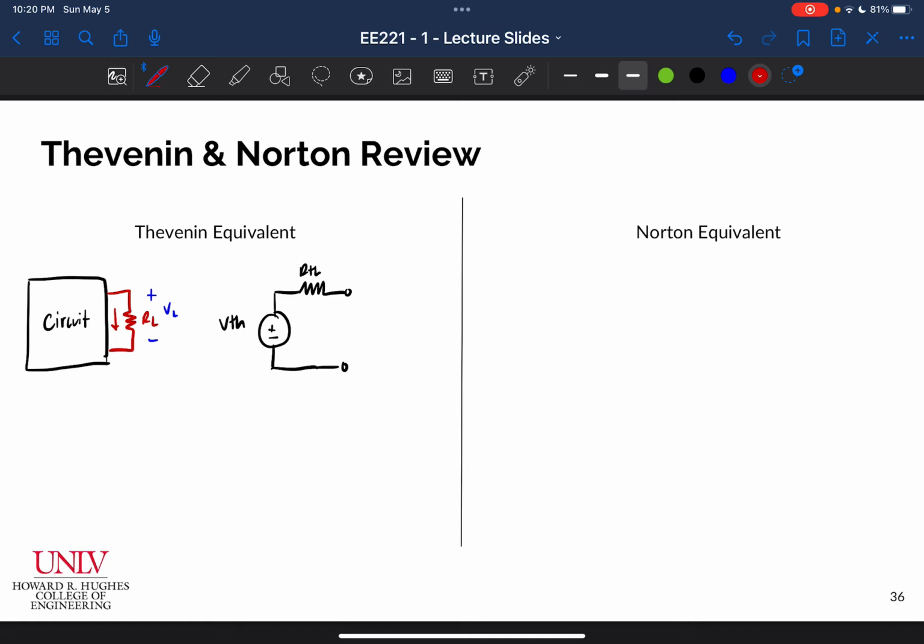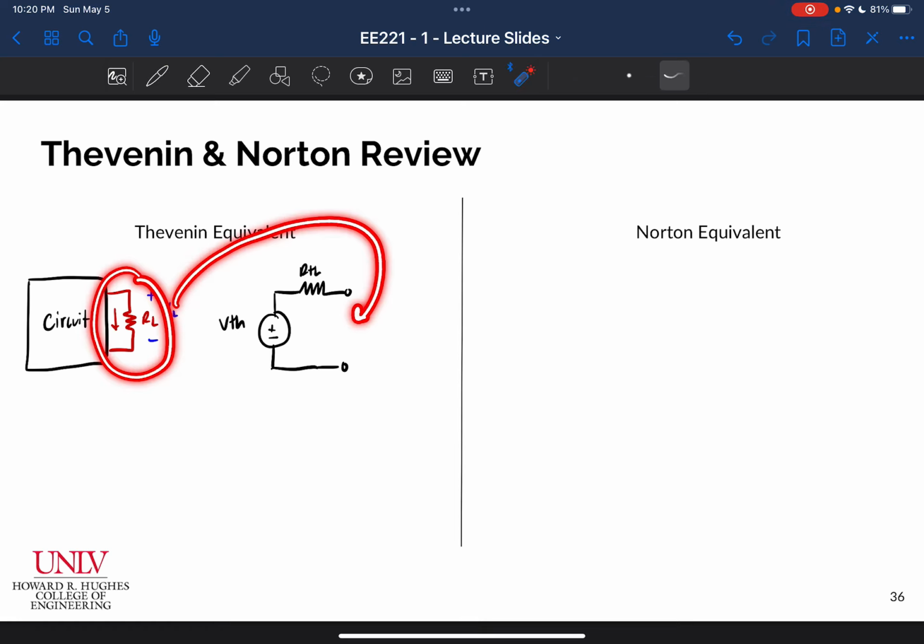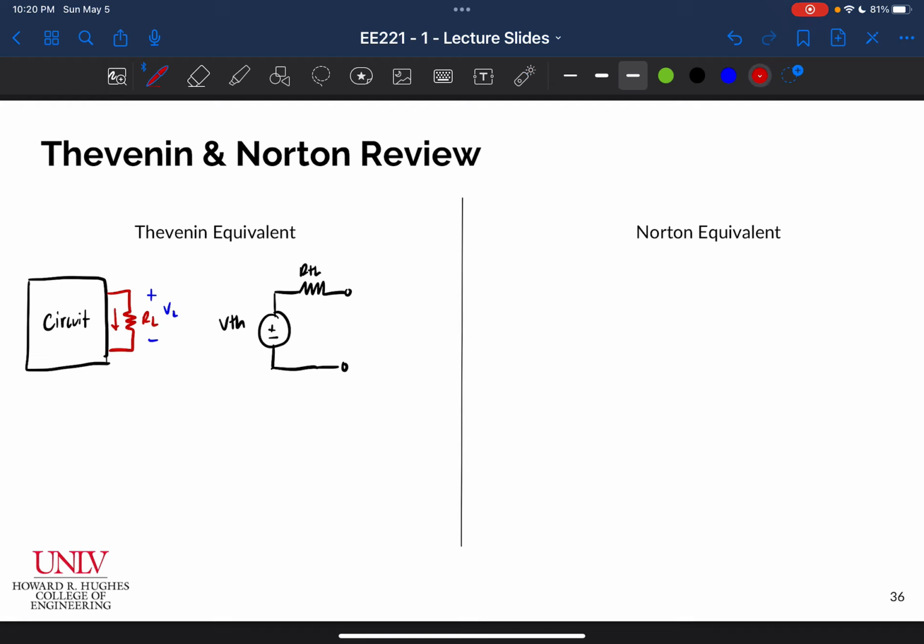Well, what the Thevenin equivalent circuit tells me is that if I connect that same load resistor, so if I were to literally grab this load resistor and plug it into this equivalent circuit right here, I would read the exact same voltage VL and the exact same current through that resistor, even though I replaced all of this circuitry, which could be any number of sources and resistors, by a single voltage source and a single resistor in series.